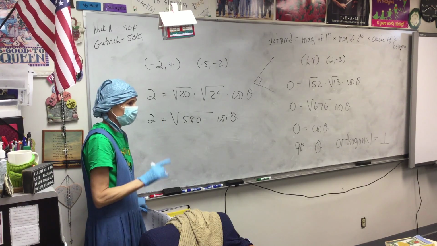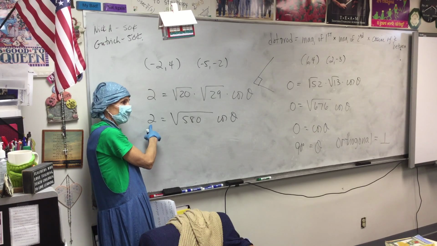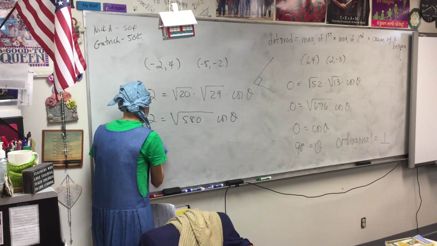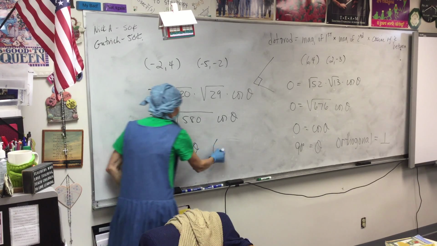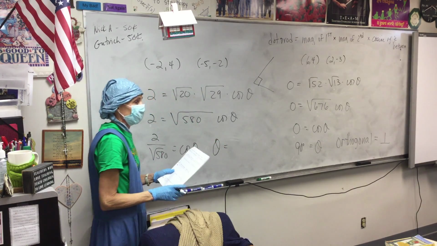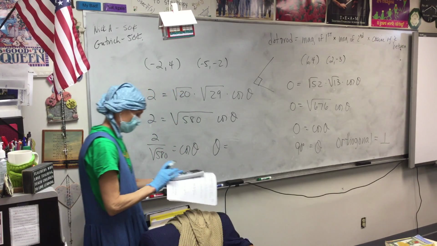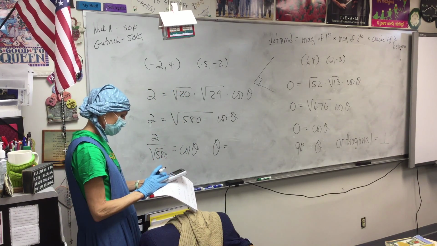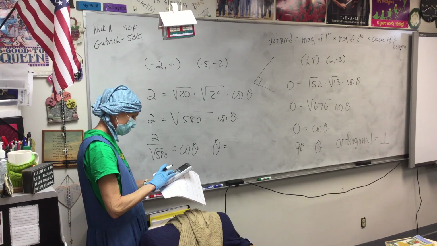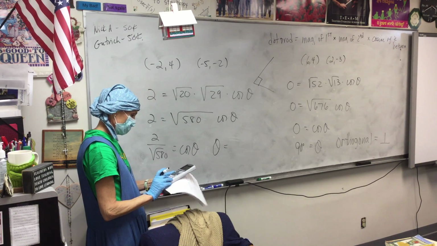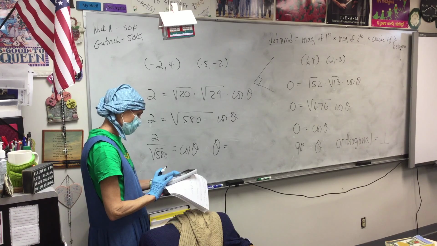No, the only way they come out to be 90 is if that is a 0. This is not. So we're going to divide. And what does theta end up being? Well, I don't know, but let's do it. Second cosine 2 divided by the square root of 580. I got 85.24.